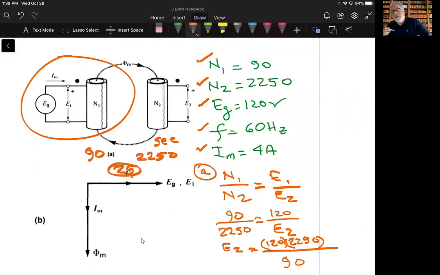So he's saying that at this stage, we should be able to reason that the voltage on the secondary side would be 25 times greater than that on the primary side. Well, I'm not sure we're there yet.